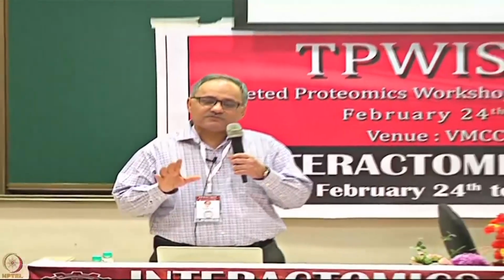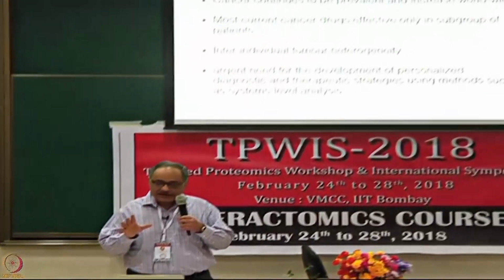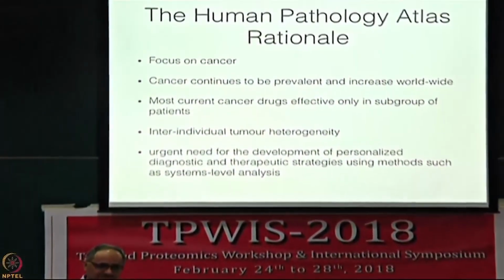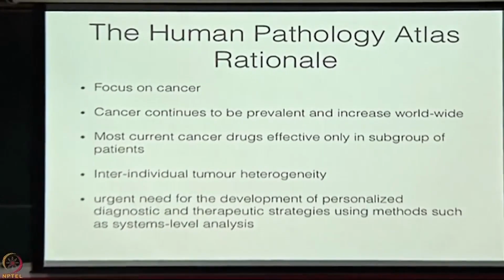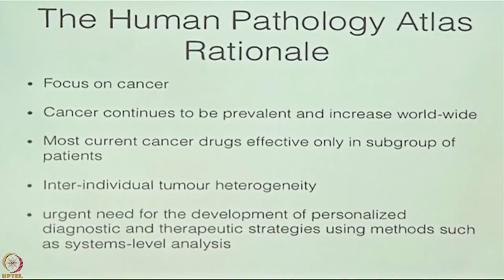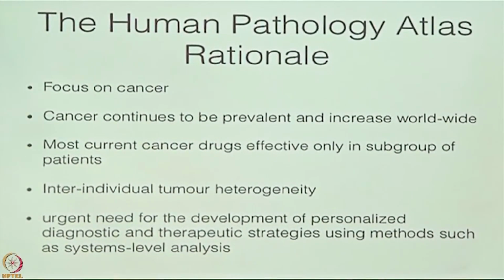The focus for the human pathology atlas was on cancer, for reasons that most of you are already aware about. The big challenge was that most drugs in cancer are effective only in a small subset of patients. And therefore, was there any difference between two tumors from two different people looking the same under the microscope?